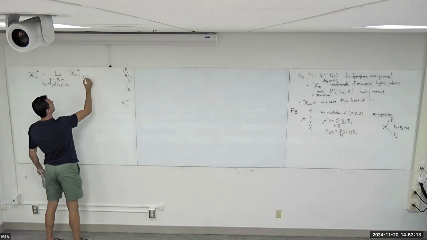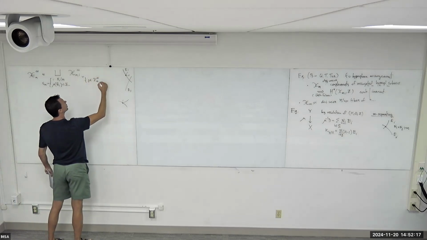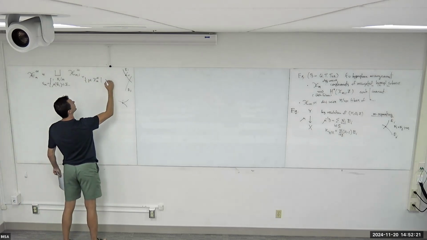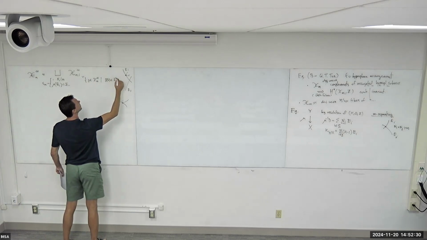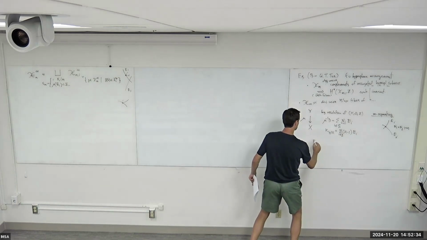So this is the set of arcs in the m contact locus such that the center of the unique lift belongs to E_i naught. And E_i naught is E_i without the rest.